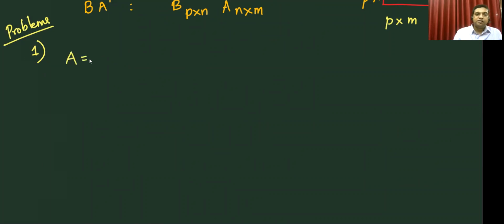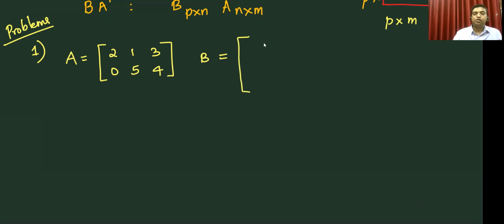Let's say A is 2 1 3, 0 5 4. The number of columns is 3, so the number of rows of B should be 3.